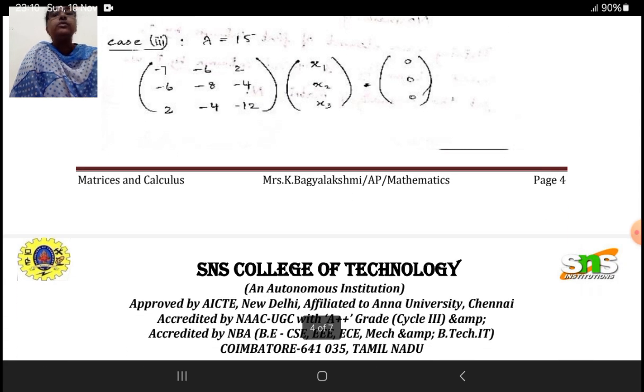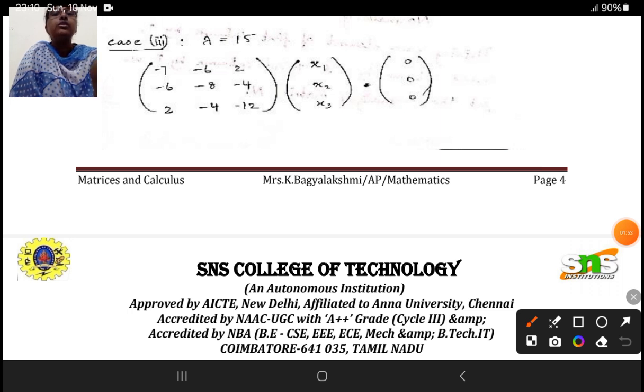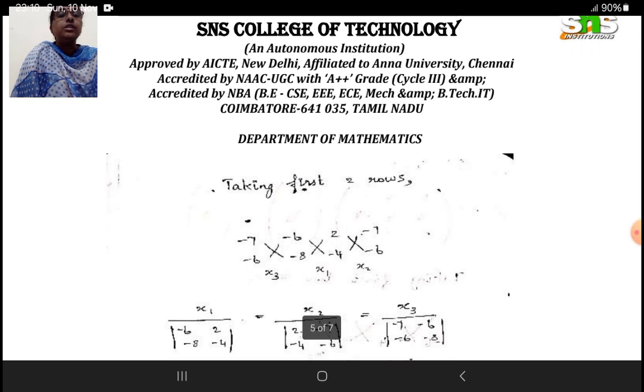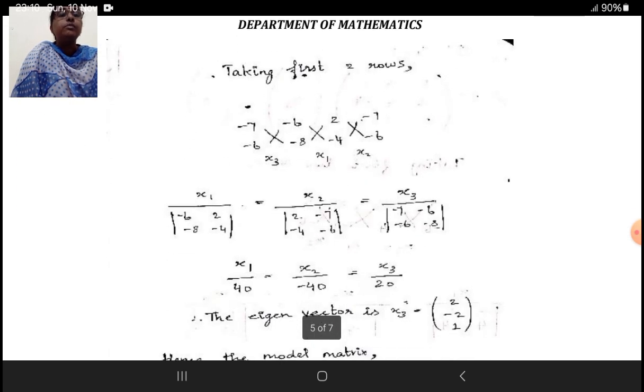If we substitute lambda equal to 15 in the diagonal, the diagonal values are minus 7, minus 8 and minus 12. It is changed like this. If we check, these three equations are different equations, so easily we can move on to the cross multiplication method.